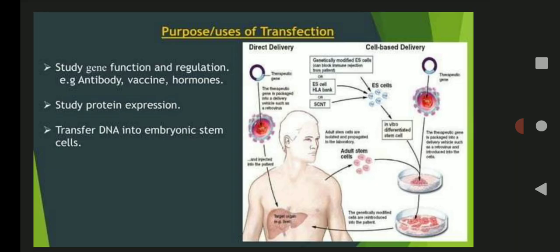Later, the transfer of embryonic stem cells to the system will help in treating the particular disorder. Here is the diagram which shows direct delivery using viruses and another, cell-based delivery with the help of embryonic stem cells.